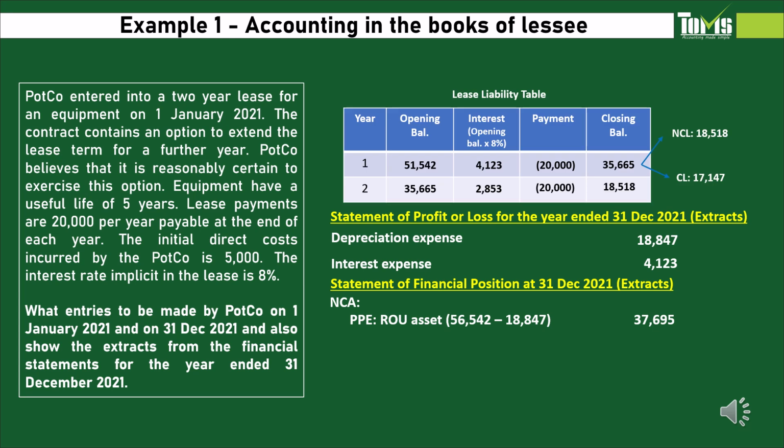Then, lease liability is to be split into NCL and CL. For that, we have to prepare a lease liability table. So, $18,518 is non-current liability and the balance $17,147 is current liability.